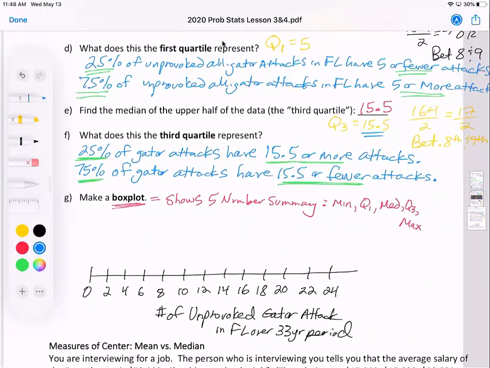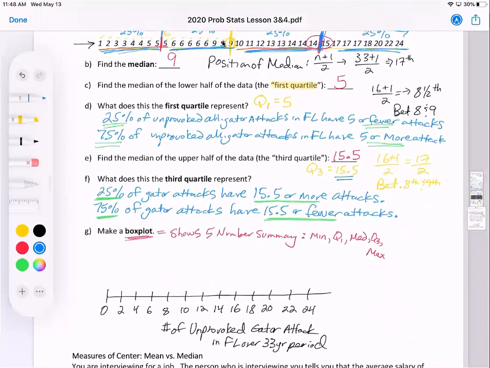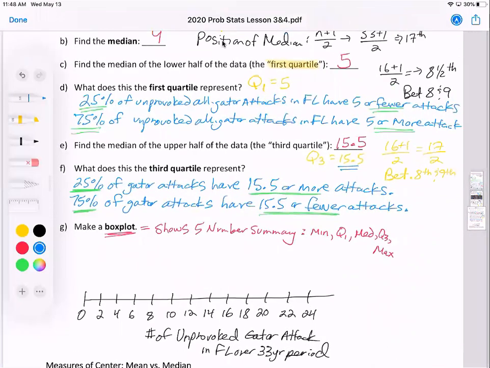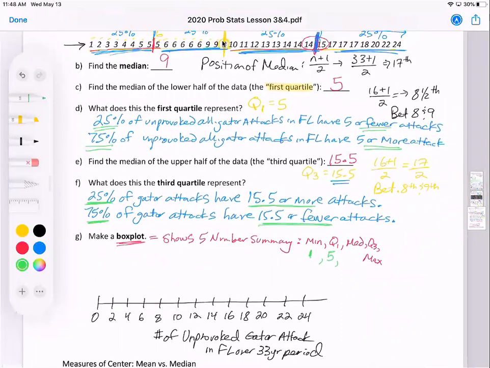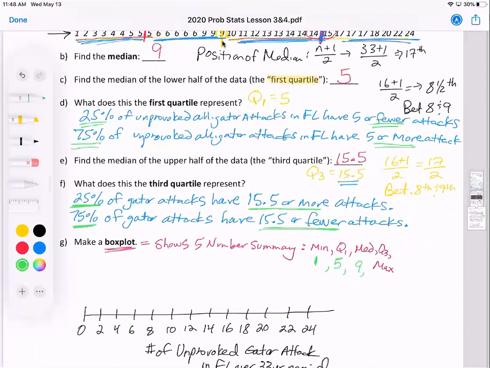Okay, so let's graph these numbers. What's our minimum? Our minimum is our lowest number, which looks like 1 gator attack. Q1 was 5. The median was 9.